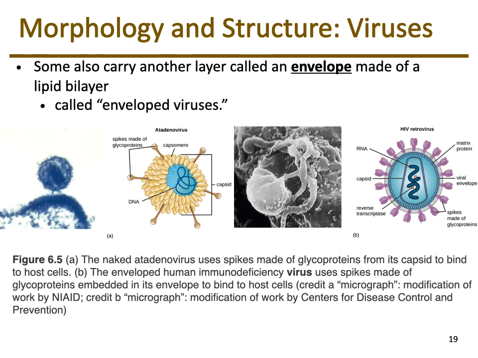This virus has the nucleic acid, which for this virus is DNA. It has the capsomeres, which are the proteins that make up the capsid. And you'll also notice there are glycoproteins, these spikes that come off of it.